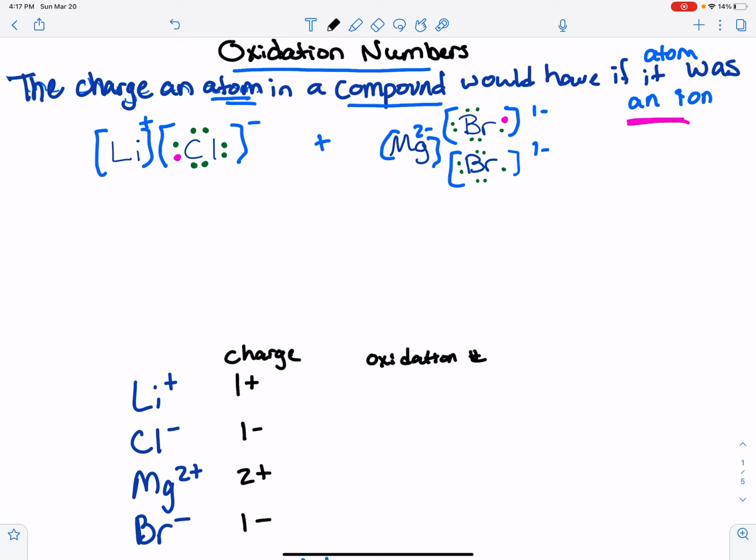The only thing is that for oxidation numbers, we'll put a plus or a minus in front. But the oxidation number is going to be exactly the same because whether the lithium gets its electron back from the chlorine or from something else in the molecule, it doesn't matter. It's just going to be one that will accept an electron. So oxidation numbers for ionic things are really, really simple.